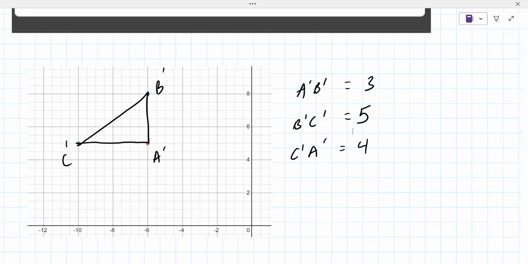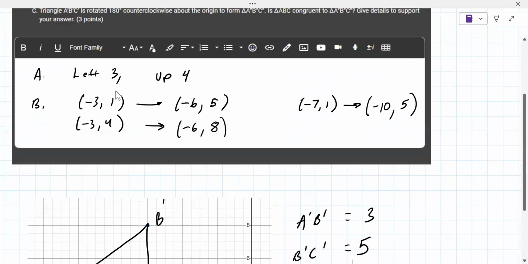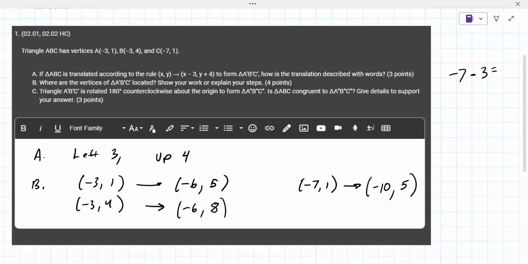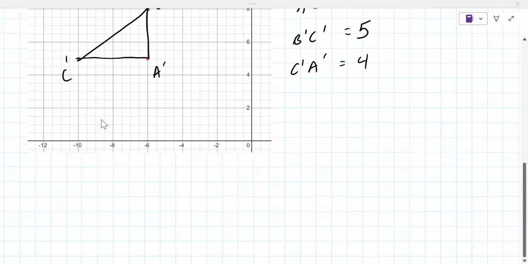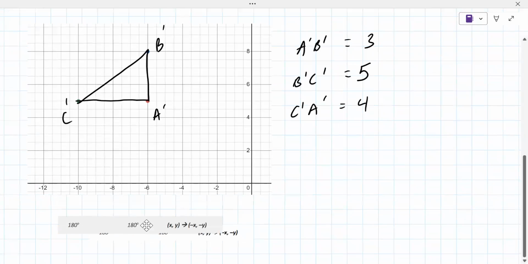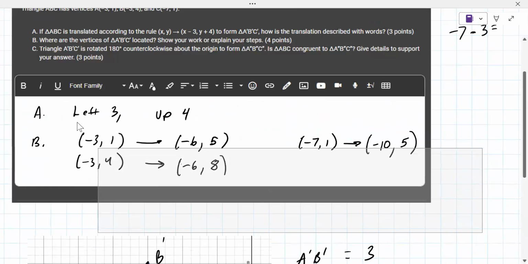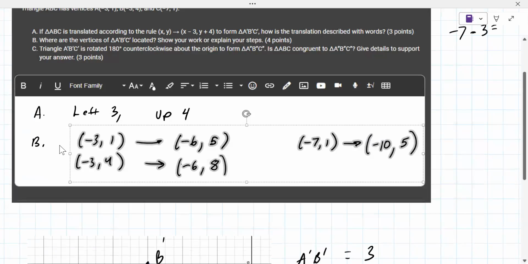Okay. So now we actually need to do the counterclockwise rotation. And so let me get that up here. Okay, so we have to grab those ordered pairs. We need to do another transformation of those.